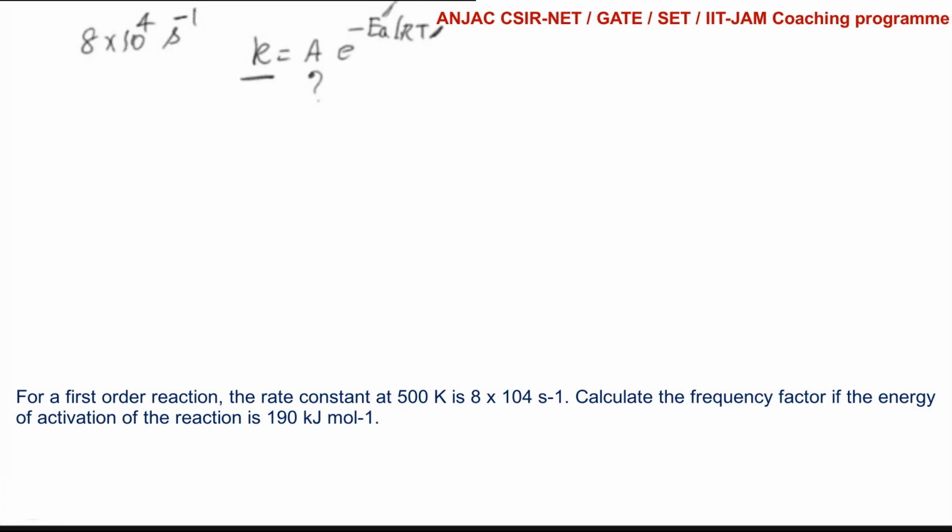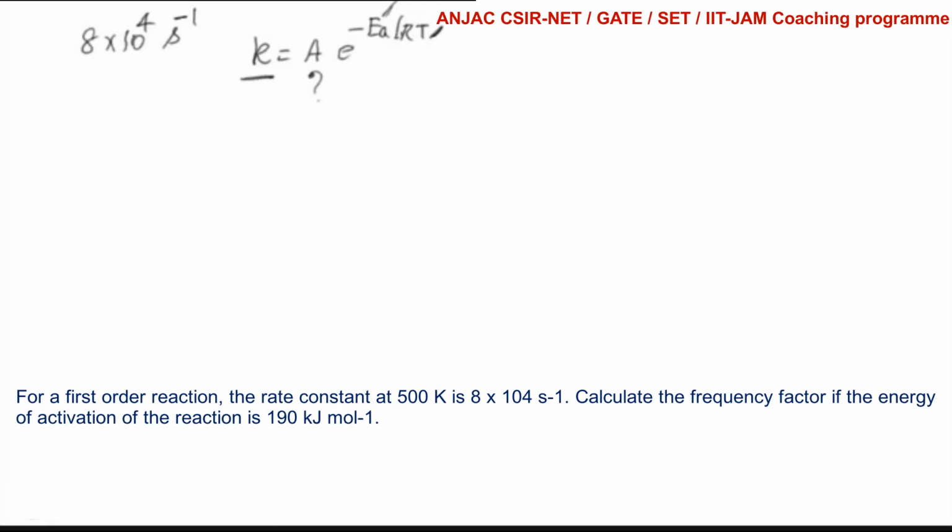The gas constant you should substitute. Keeping it in the exponential form, we will find it somewhat difficult. Therefore, go for the logarithmic form. Natural logarithm or common logarithm? The common logarithm form is very easy for us.